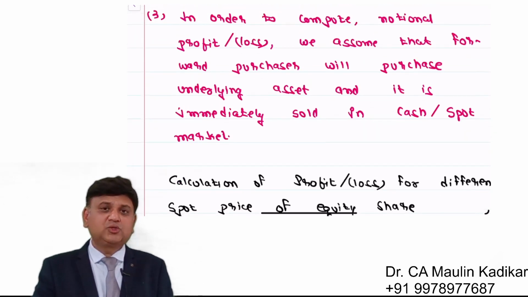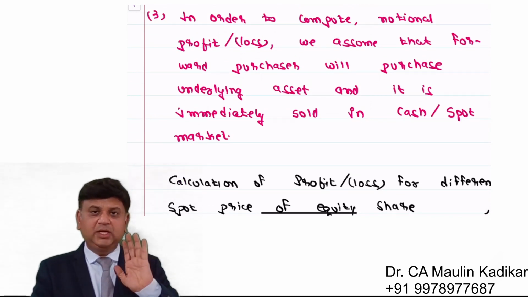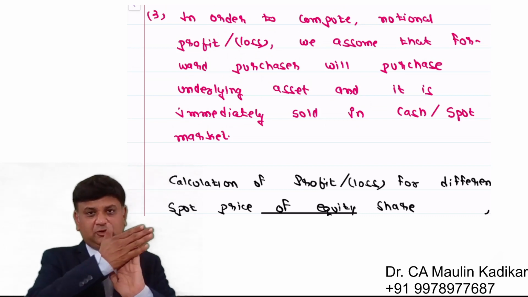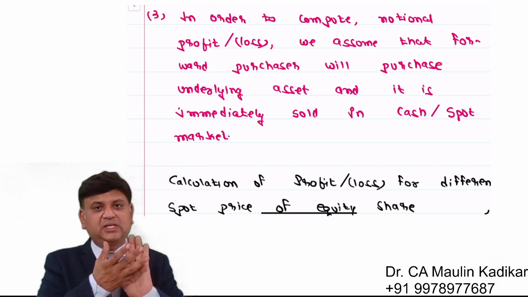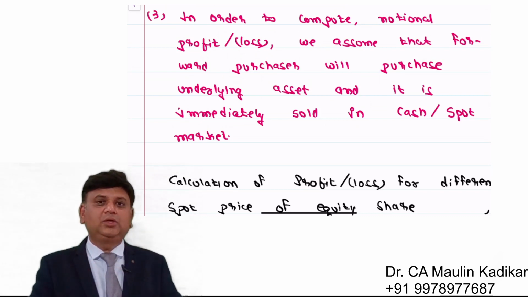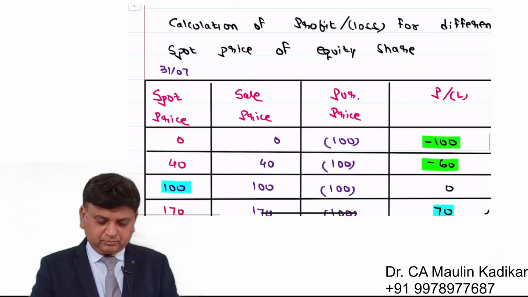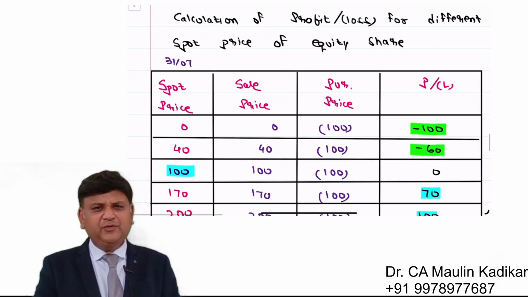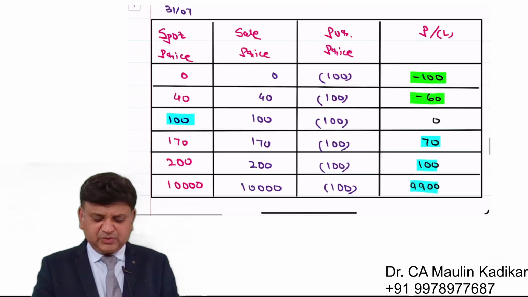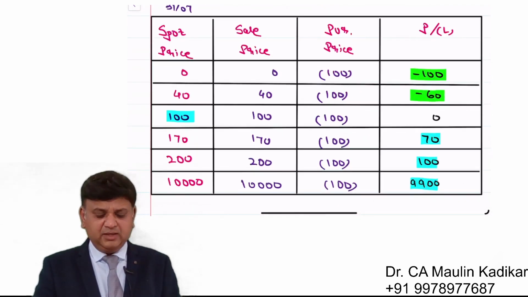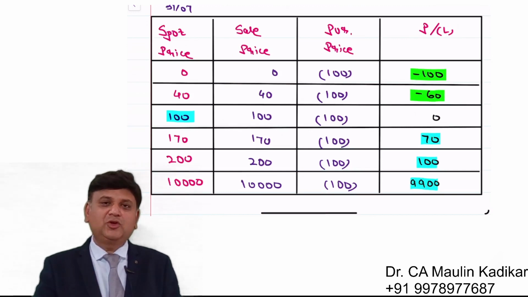Over here, dear students, for the purpose of calculating the notional profit or loss, we are making an assumption that on 31st of July, when you purchase the underlying asset, it is immediately sold in the spot market. For each of the spot prices, the purchase price is equal to 100, the sale price is equal to the spot price, and with that the profit or loss is calculated.